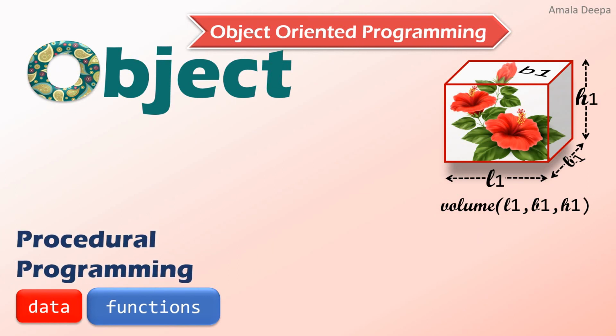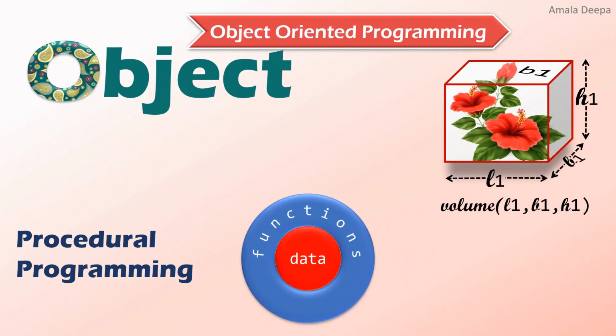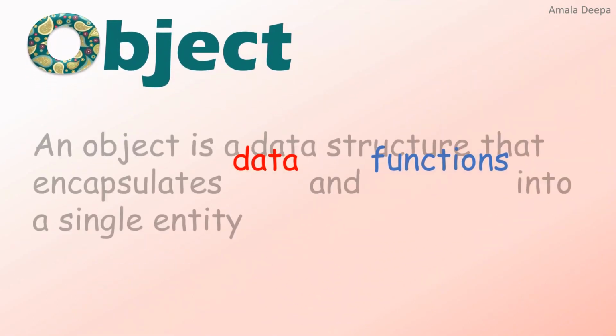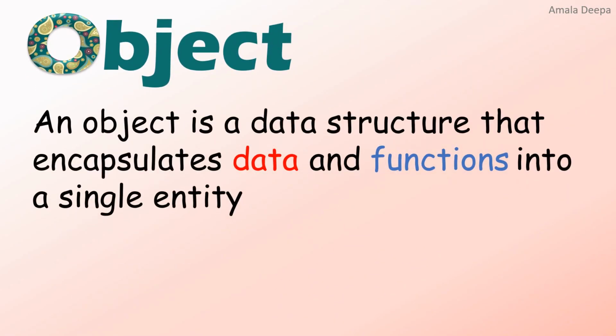But the aim of object-oriented programming is to create an object that groups together data and functions into a single entity. Therefore, an object is a data structure that encapsulates data and functions into a single entity. Encapsulate means to bind together, to enclose in, as in a capsule.